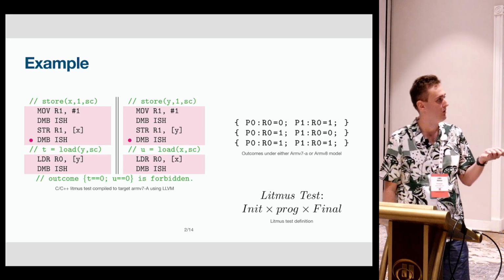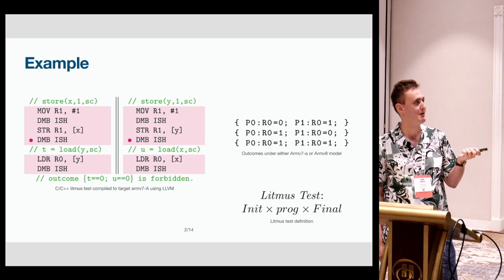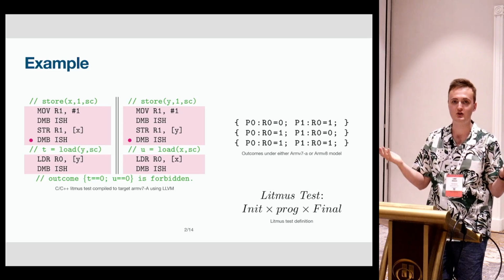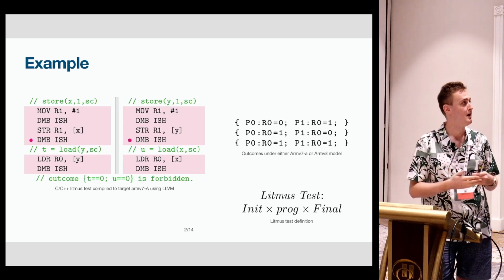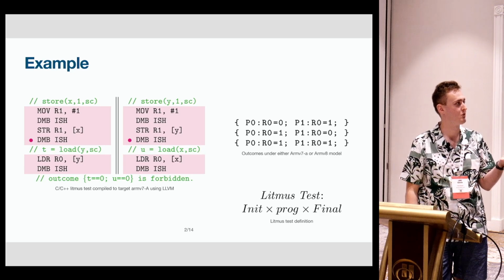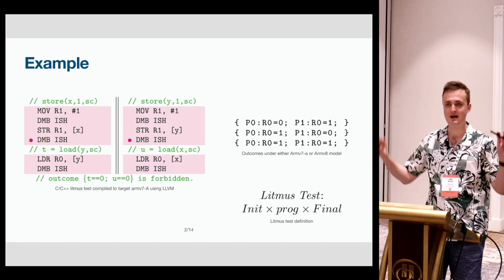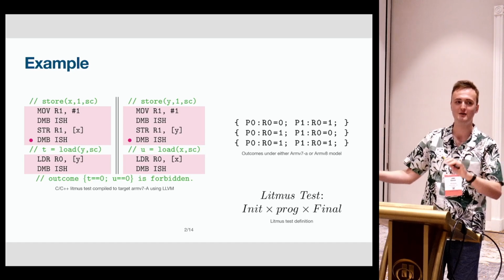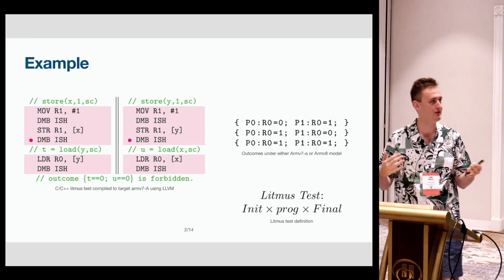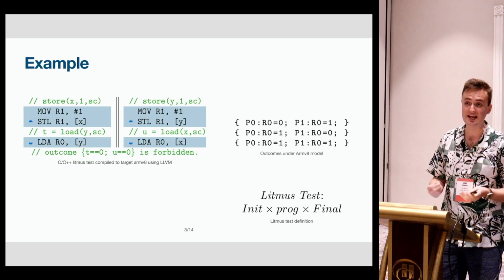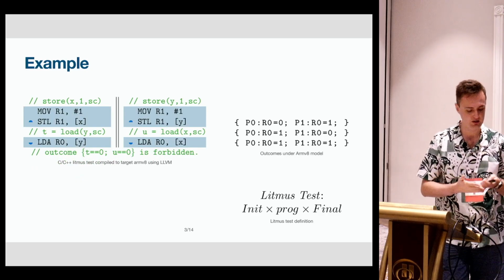So on the right, again, we have these three sets of outcomes, this time using assembly registers as opposed to local variables in C. But again, there's no 0,0 outcome, so we're all good here. The important thing to note here is that the pink sequences are designed to work with the other pink sequences. They work in isolation. Also, if you compile this to target ARMv8, not ARMv7, you get the blue sequences.